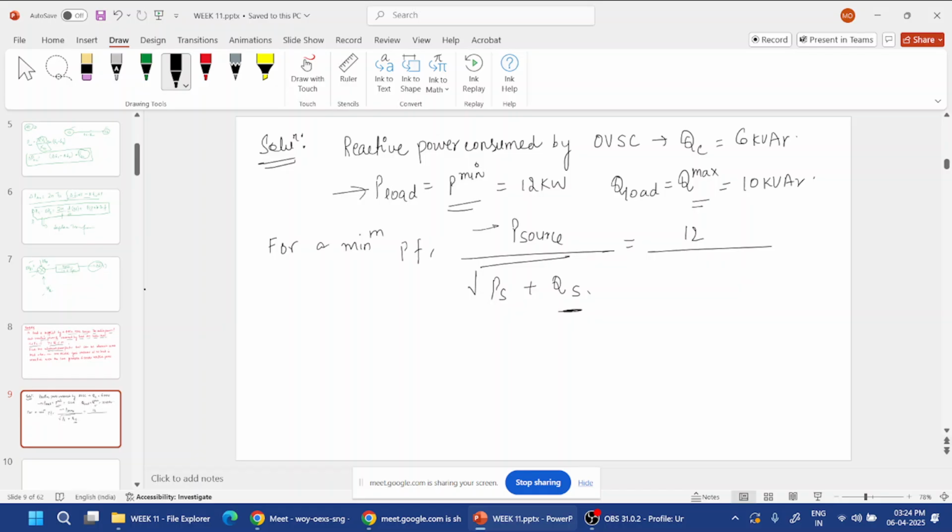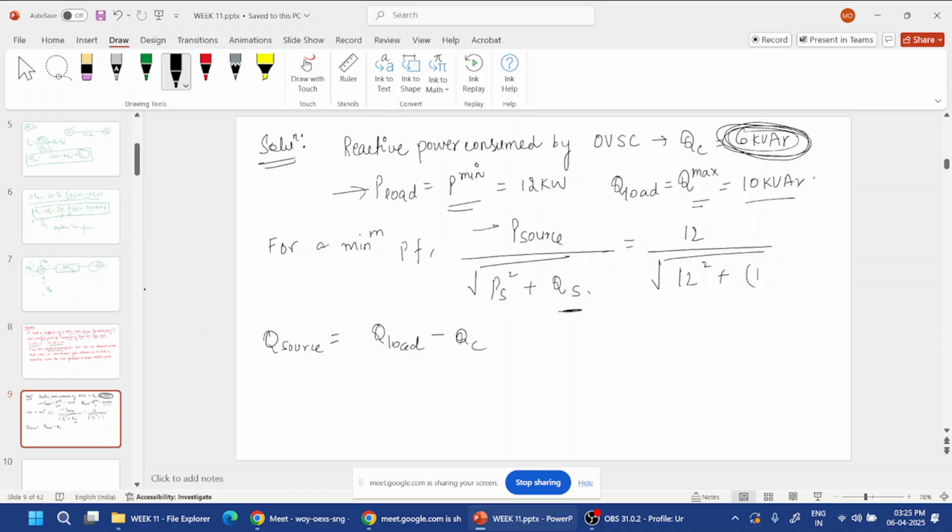Q source will supply only the reactive power which is the difference between the load and the QC, because 6 kVAR will be provided by the QC and the remaining will be provided by the source. So this should be Q load minus QC.